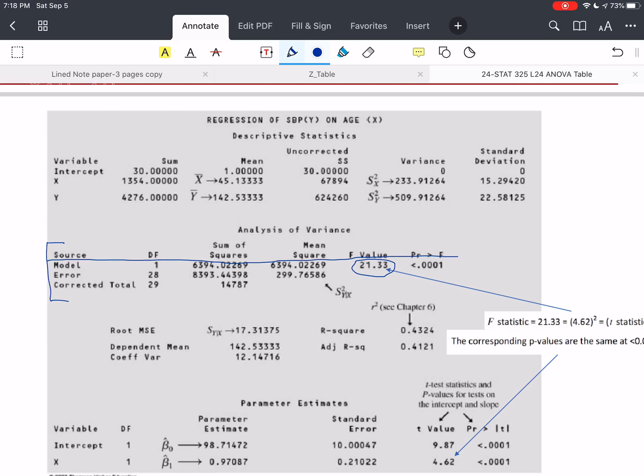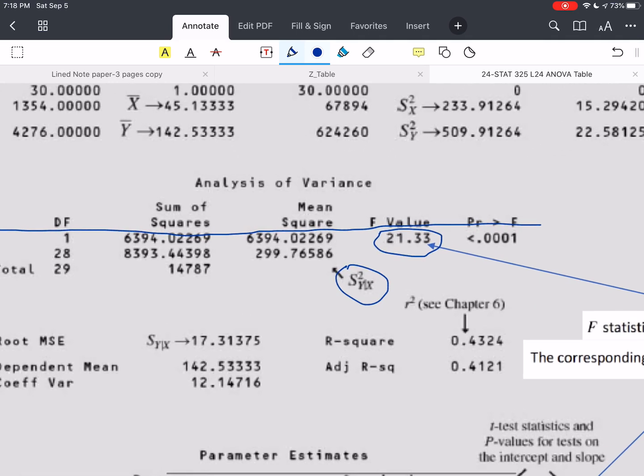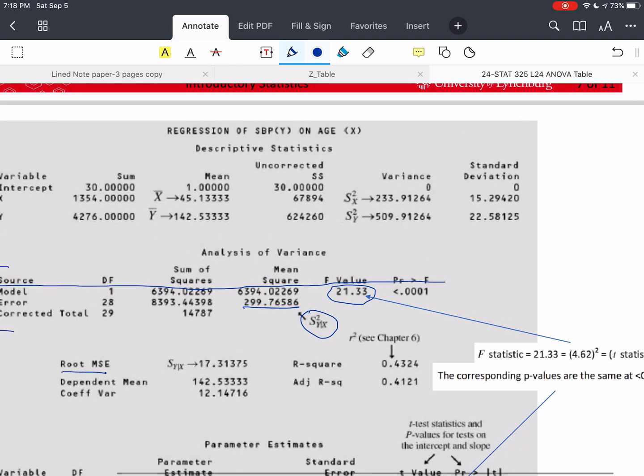And this quantity here is s squared y given x. So if you're doing any calculations, you might want to know that. Here's the root mean square. That's the square root of this, and that is s sub y given x. And here's R squared right here.